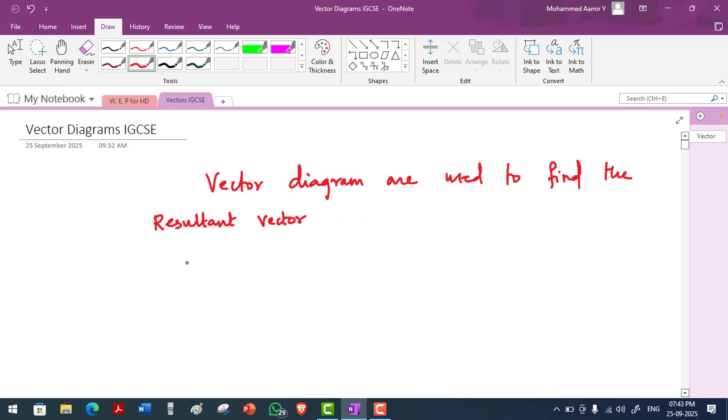We use two methods to find it. One is the triangle method, and the second one is the parallelogram method.